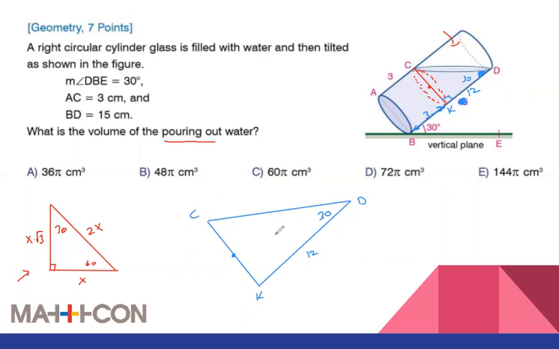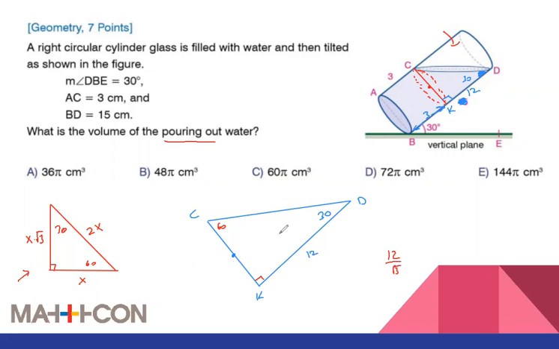The side opposite 60 is 12, and the side opposite 60 is x√3, which means if you multiply CK by √3, I should get 12. So if you divide 12 by √3, I should get this guy. You can ask yourself, what number should I multiply by √3 to get 12? It's going to be 4√3, because 4√3 times √3 is 4 times 3, which is 12.